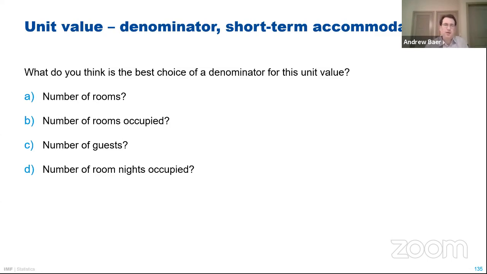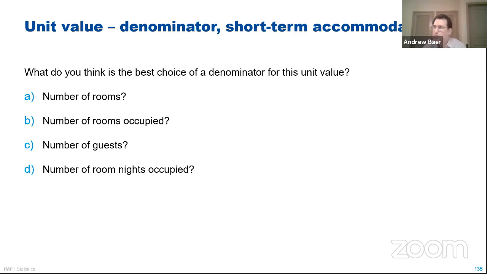Let's say I'm looking at the average price for all the rooms in a hotel. I could take the total revenue divided by the number of rooms. That's not going to be a good option, because then empty rooms will be included in our unit value. We don't like that. A is definitely bad.